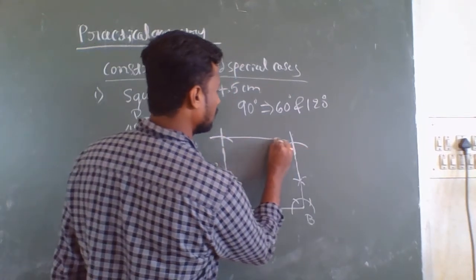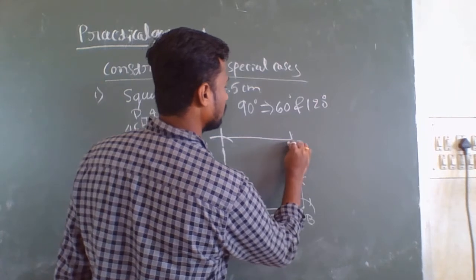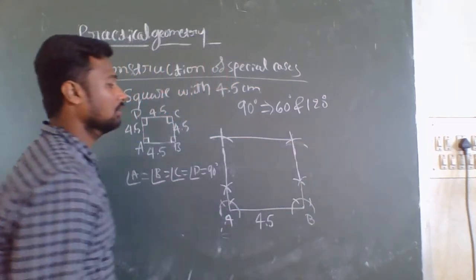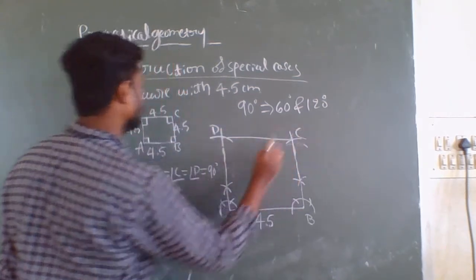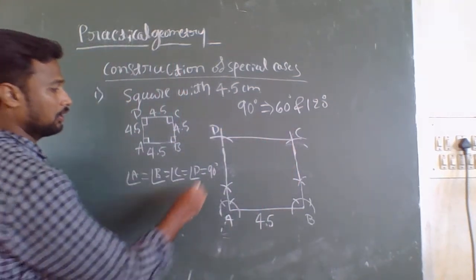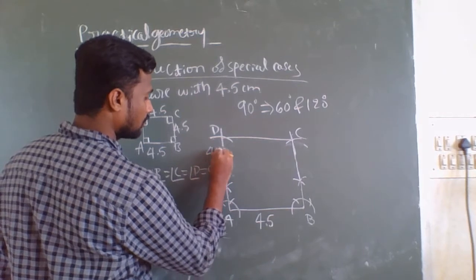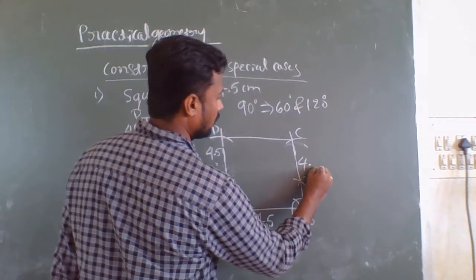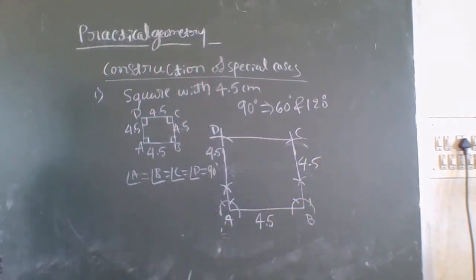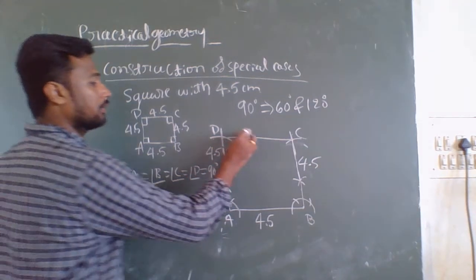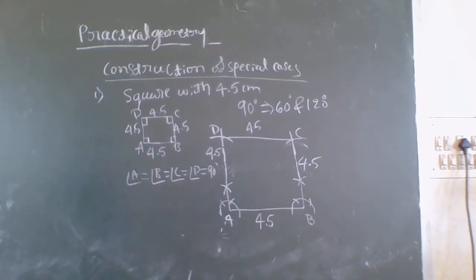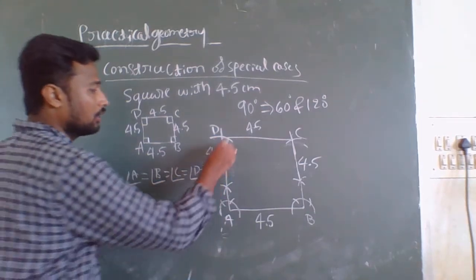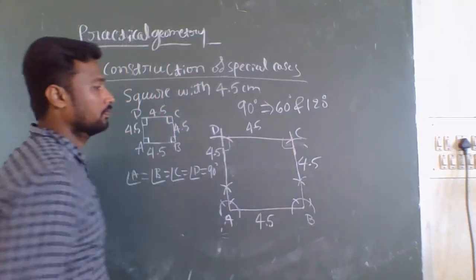Now you can join these two points. Okay. So now this is point D and this is point C, where this is 4.5 centimeter and this is also 4.5 centimeters, and here also it will be 4.5 centimeter only. Okay, and you will get here also 90 degree only.